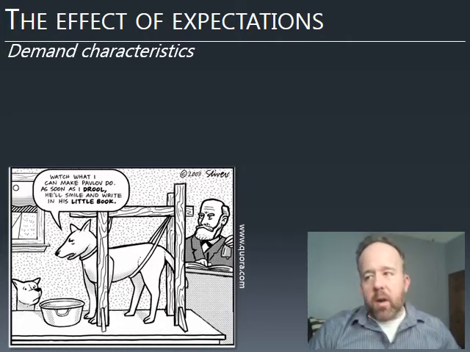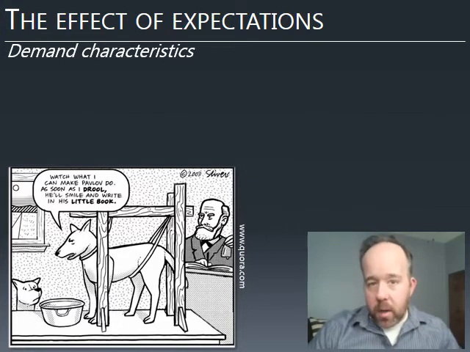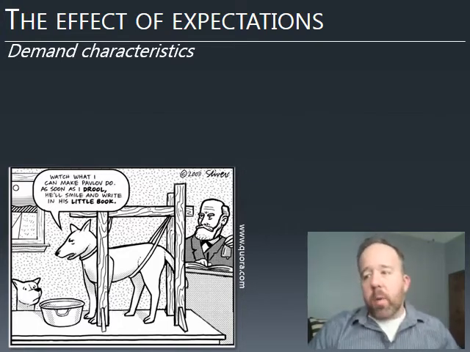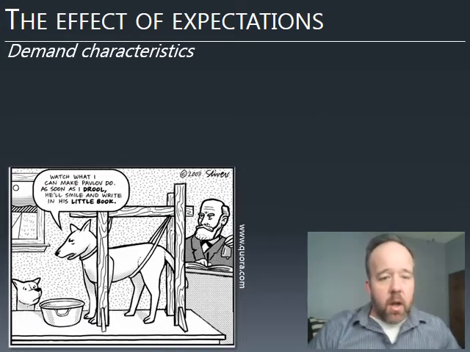This is where the fact that the participant in the experiment knows they're being observed changes the outcome of the experiment, changes the data, and specifically changes it such that the participant behaves in a way they think they should, either because they want to be viewed as a good person or because they want to please the experimenter. That's what demand characteristics are.